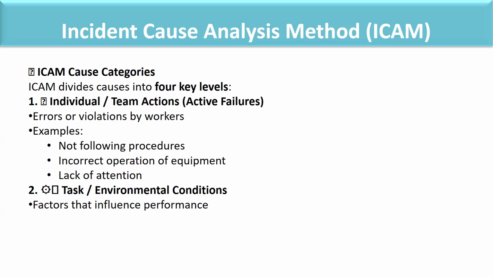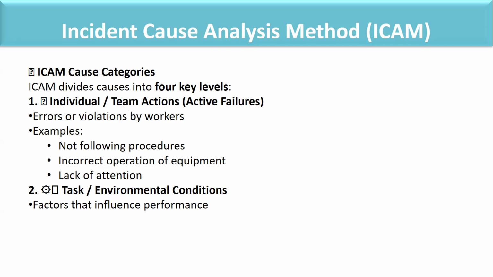Now see, number two, environmental conditions. Factors that influence performance. Environment is not only the name of heat, cold, no. Environment is the name of infrastructure, the plant, the equipment, and also the fog, the heat, the smoke, the design, and the light.